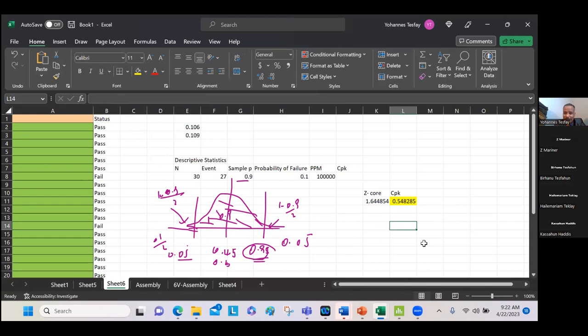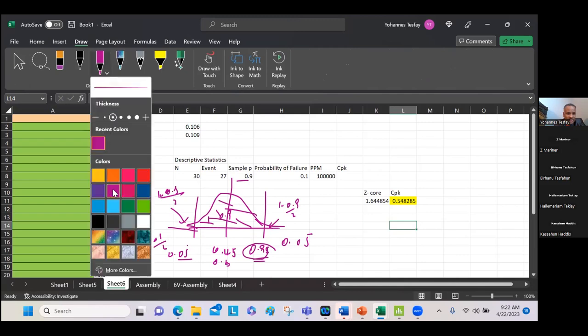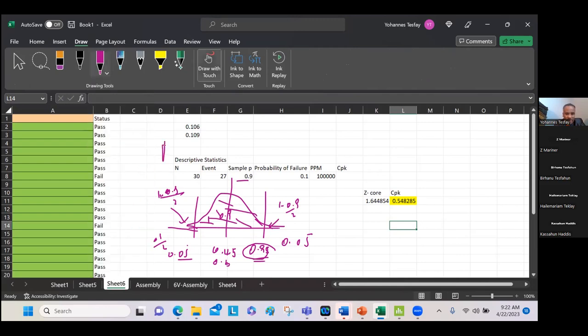So what is this method? Binomial test. Okay, let me show you here. Binomial test, binomial, then we're going to estimate the probability, then we're going to estimate ppm, then from the probability we're going to just estimate CPK, just like that.